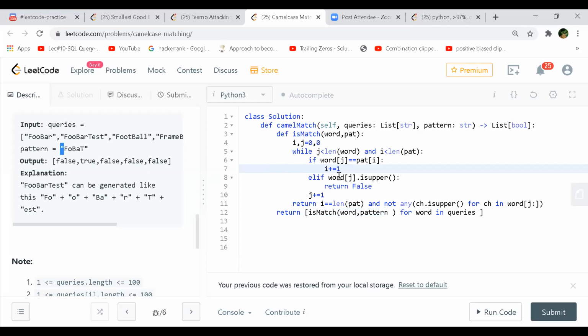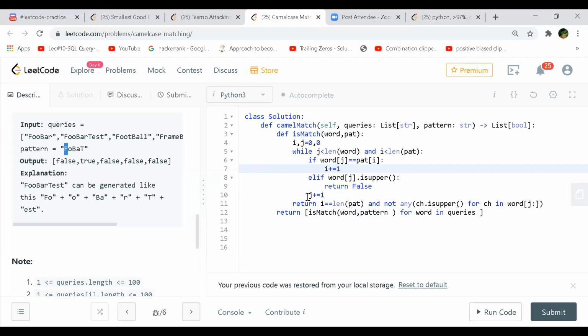And now we are checking if the jth letter of the word is uppercase, then we'll have to return false, right? Because the query has a large case, uppercase, sorry. If it matches with the pattern, then only we are increasing the i, right? And had there been any smaller matching with this, then in that case we are returning false.